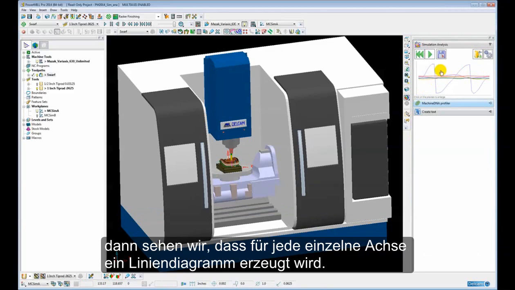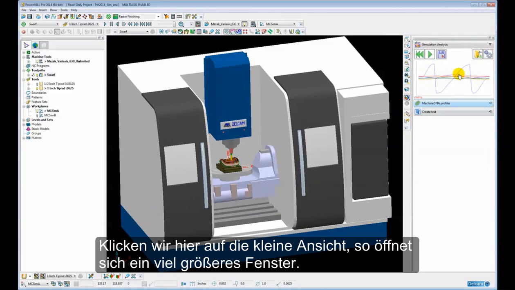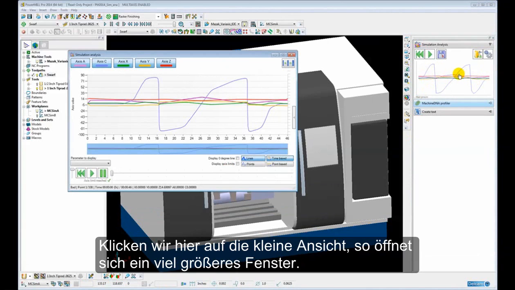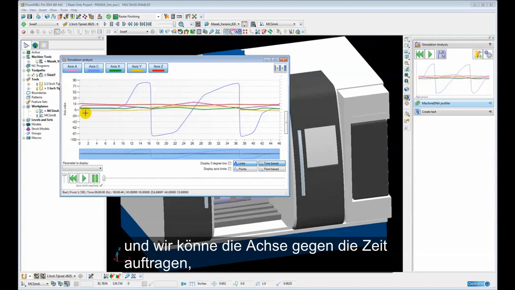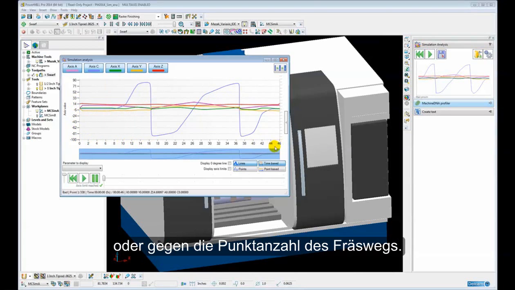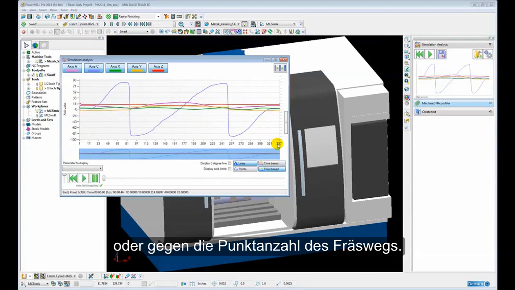If we click on the small view here, then it brings up a much larger window. So each individual axis is drawn in a separate colour, and we can plot the axis angle against the time or against the number of points in the toolpath.